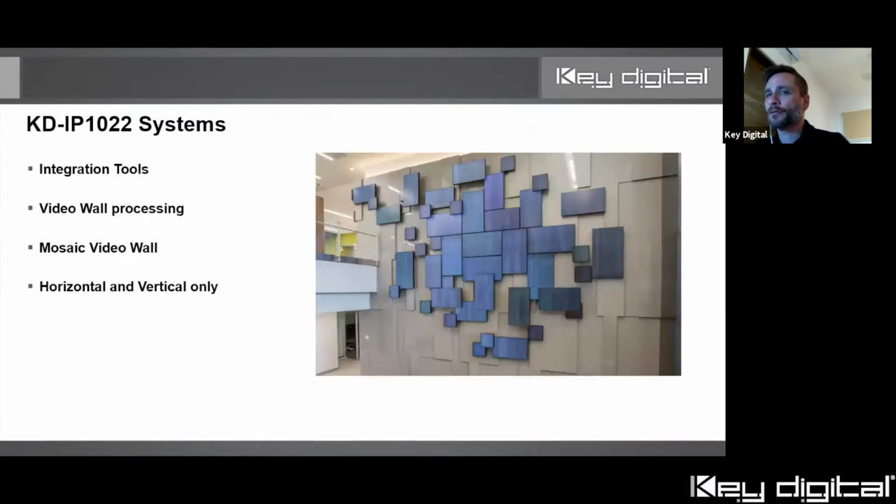Now, here's another example, and this is a perfect example to tell you that with Key Digital Mosaic video walls, you still have to install your monitors either horizontally or vertically, not diagonally. So this was the quick pitch, as quick as could be, for our 4K AV over IP system.